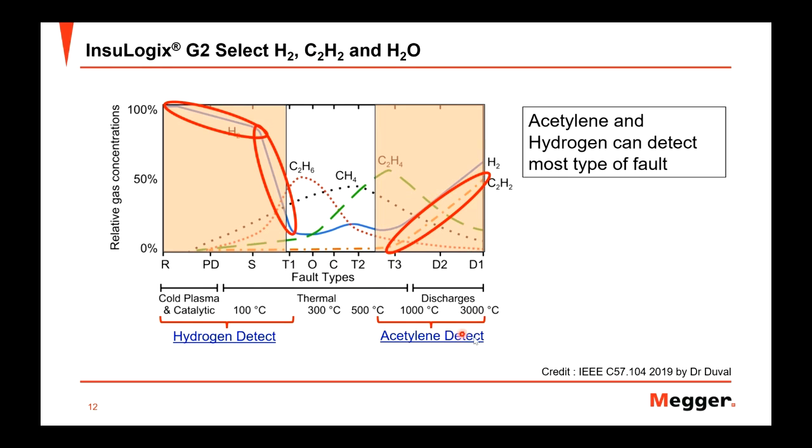You will detect acetylene for sure in this case before the fault. So those two gases can identify most of the fault events happening inside the transformer. So it is a very excellent combination.